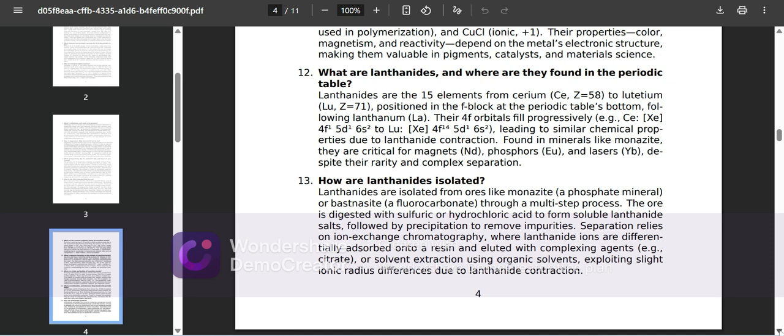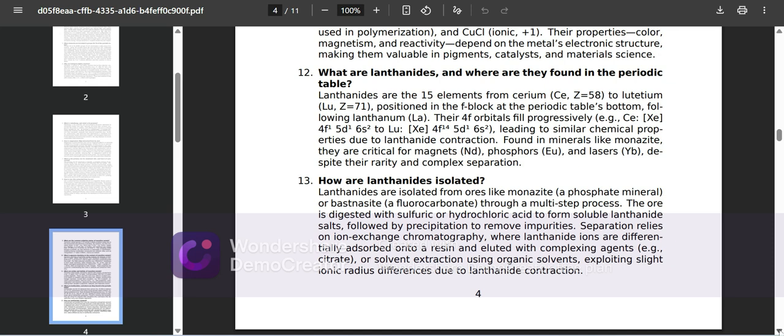Following lanthanum, their 4f orbitals fill progressively: cerium, [Xe] 4f1 5d1 6s2, to lutetium, [Xe] 4f14 5d1 6s2, leading to similar chemical properties due to lanthanide contraction.